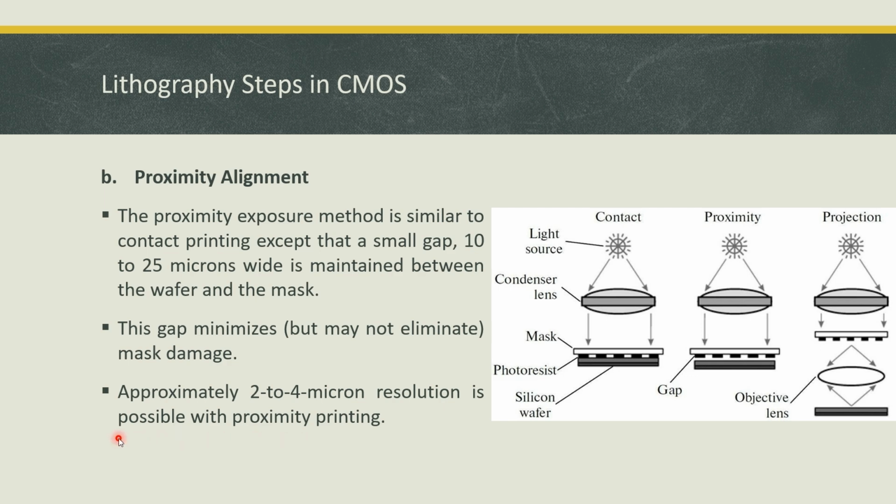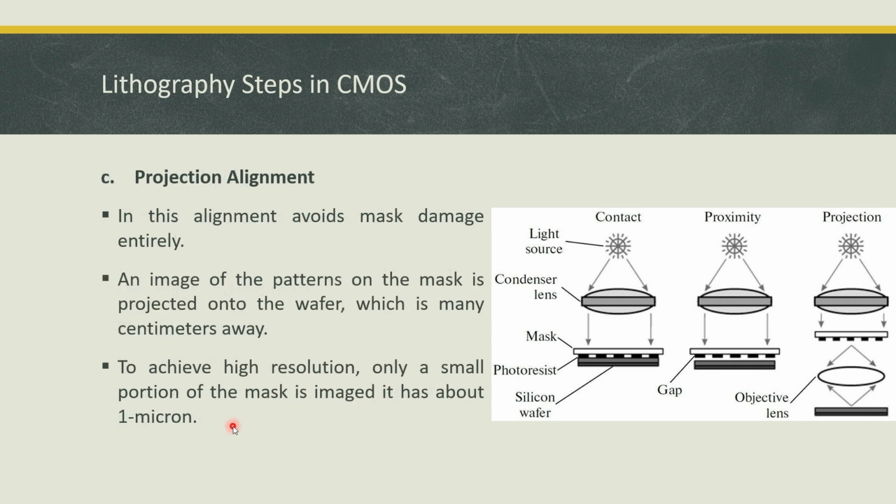After that, the third one is projection alignment. What is meant by that? In this alignment, mask damage is avoided entirely. There is a silicon wafer and a mask, and the distance between them is very far, and there is a lens which protects the silicon wafer from being damaged.